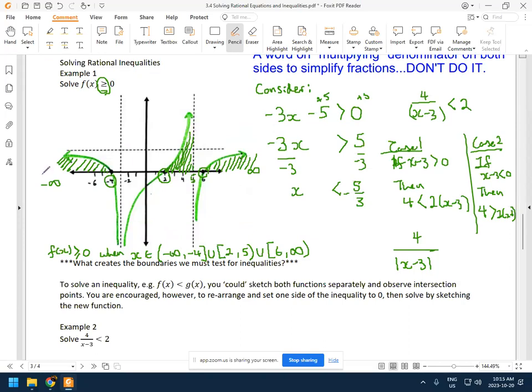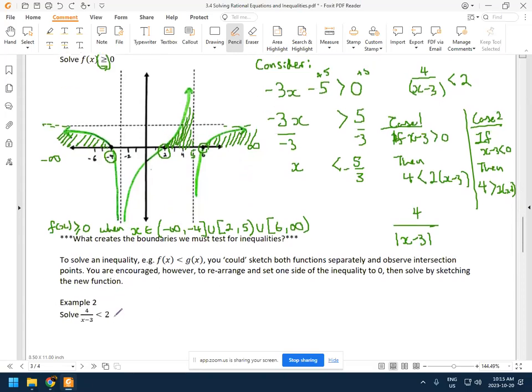But when you're testing horizontal asymptotes, you would be testing this one line. What I'm doing is testing whether it's above or below the x-axis, where the x-intercepts divide it, by intervals. So for this part of the lesson, it's something you've already done before. You're only checking intervals.